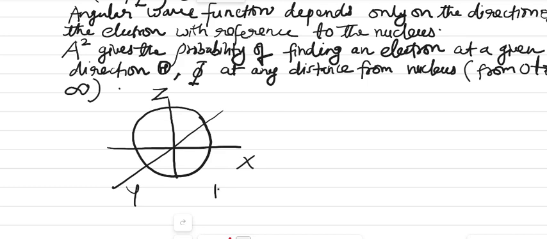It's just like a circle for the 1s orbital. Here we are representing it as a circle, but actually it is in three dimensions, so it is just like a sphere. This diagram is represented in the form of the boundary surface diagram.